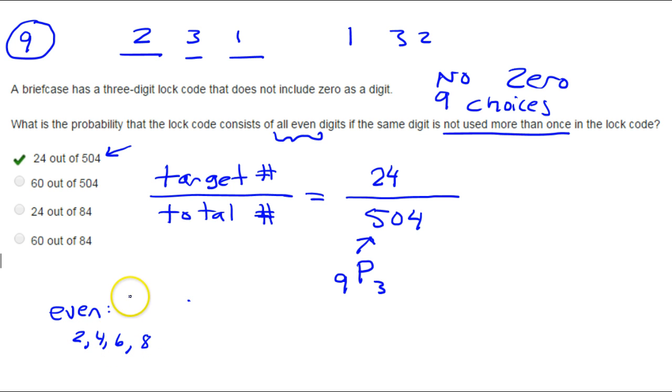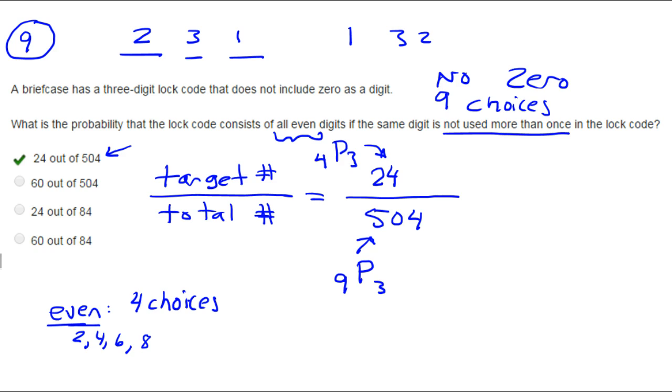There are 4 choices if we're talking about even values. So of those 4 choices, we're picking 3. You could think of this as a 4 pick 3 situation.